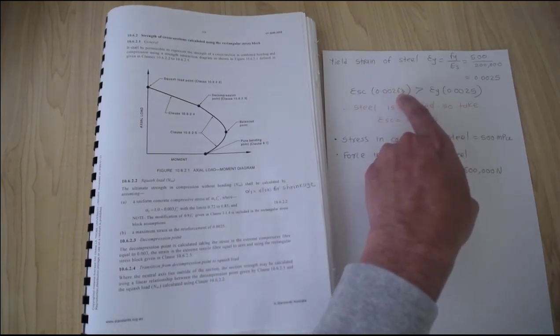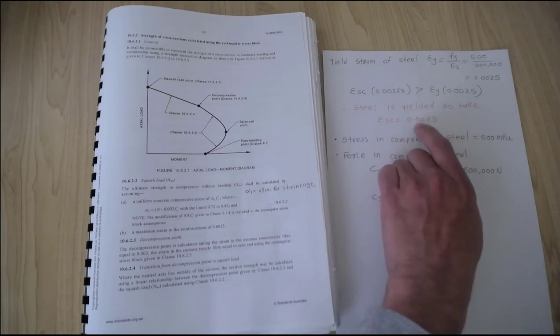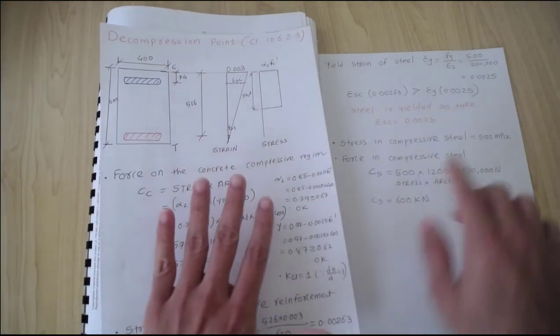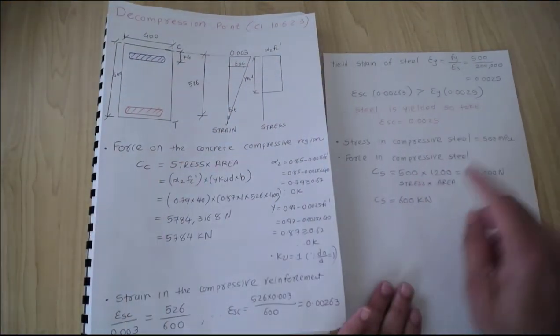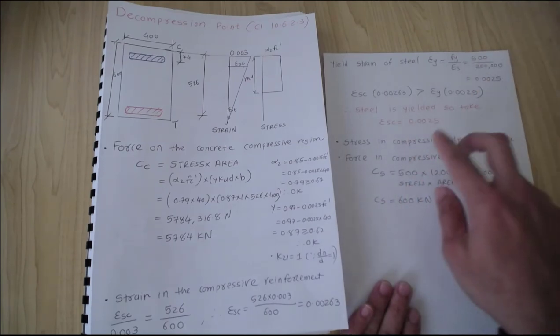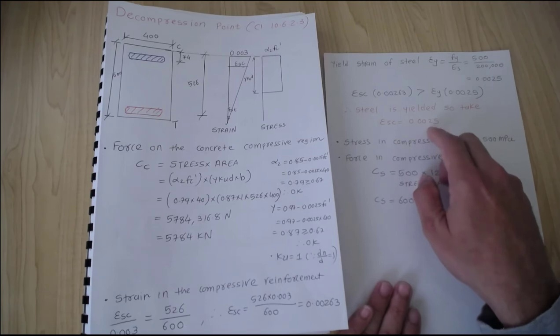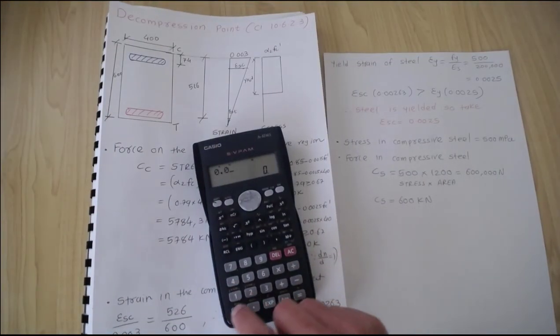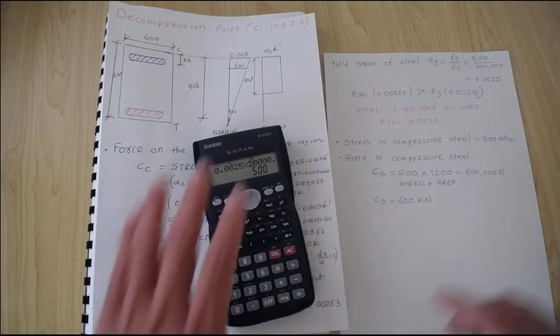Although it has 0.0026, we just take 0.0025. So the strain in this compressive steel is 0.0025. For this strain, the stress is 500 megapascals, because 0.0025 times the Young's modulus gives me 500 megapascals.